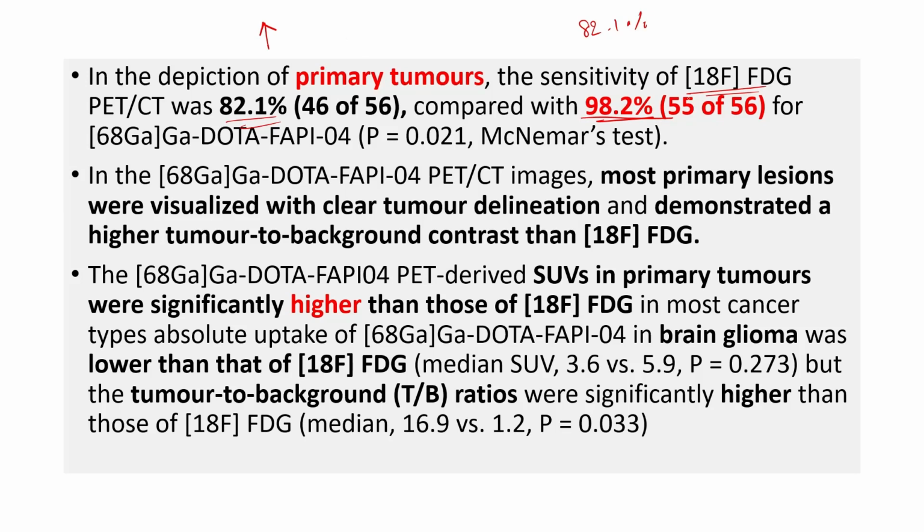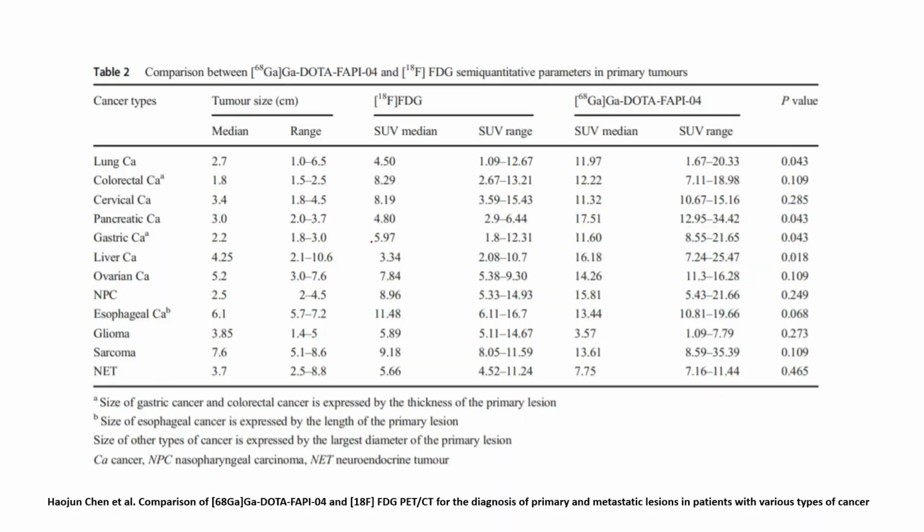The primary lesions are well visualized with clear tumor delineation, and FAPI demonstrated a higher tumor to background ratio contrast than FDG PET-CT scans. The SUV in primary tumors was significantly higher compared to FDG. As we can see from here, there are different cancers.